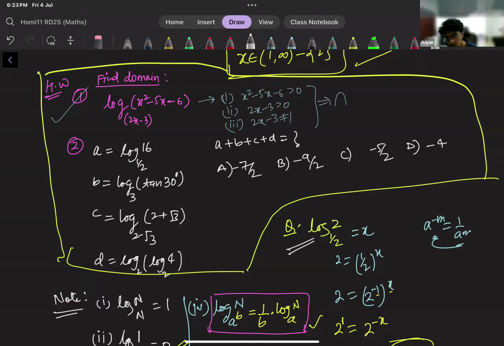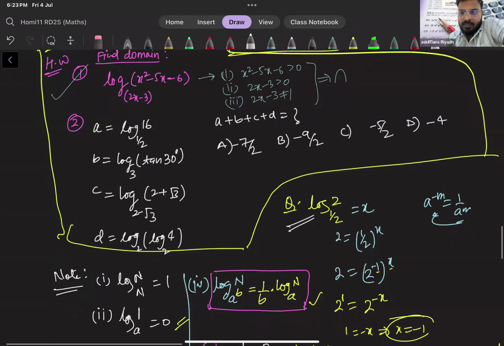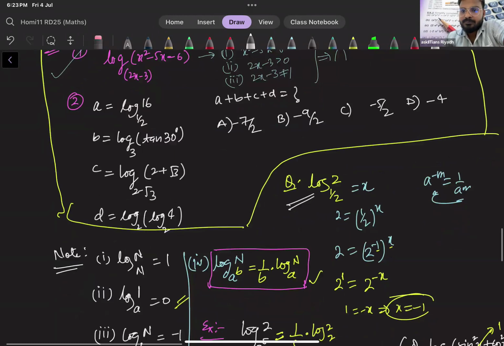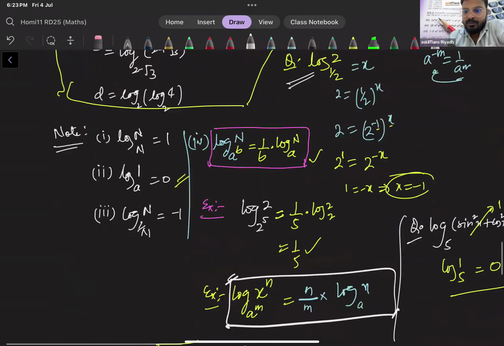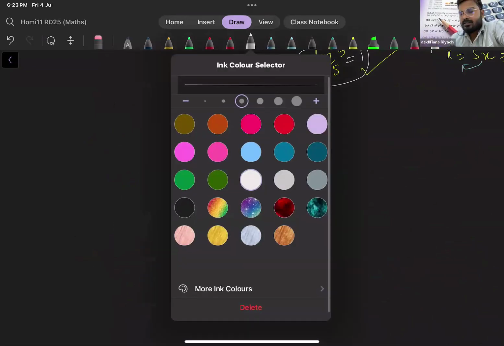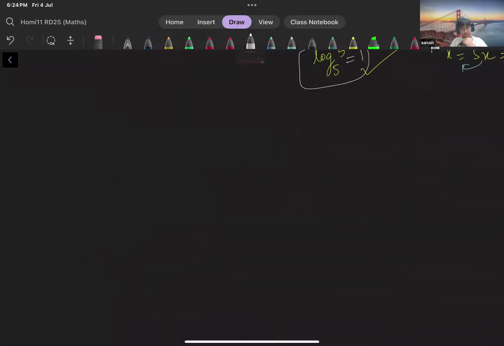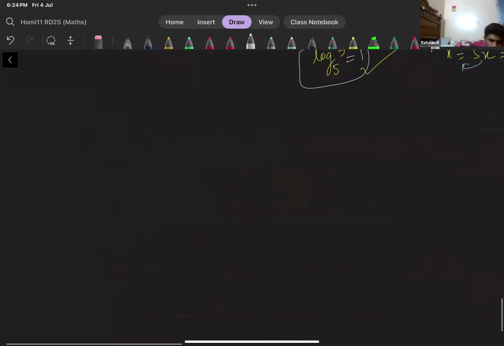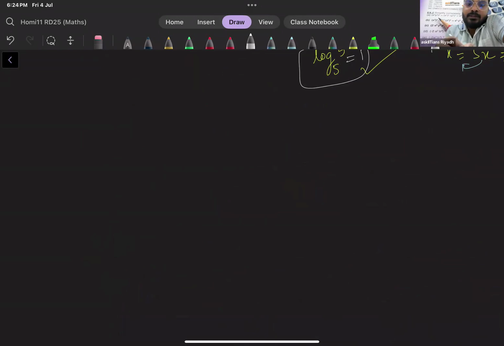Sir, 3 or 2, no? 3 and 2, correct. Minus 3 and minus 2, so 3 and 2. Sir, okay, minus 6 and 1. Minus 6 and what? Sir, +1 and -6. Oh, अच्छा, okay. ठीक है.